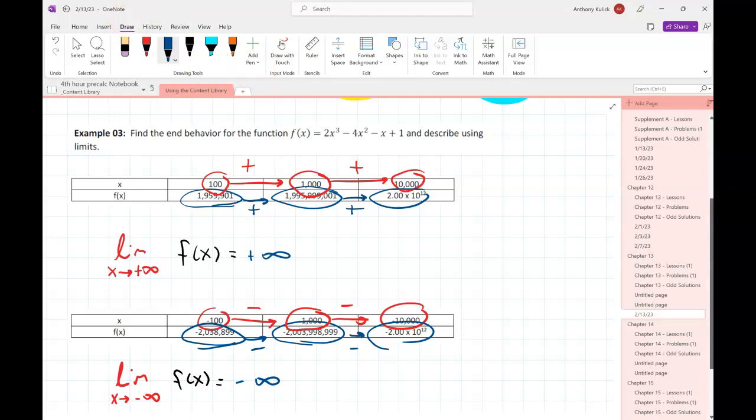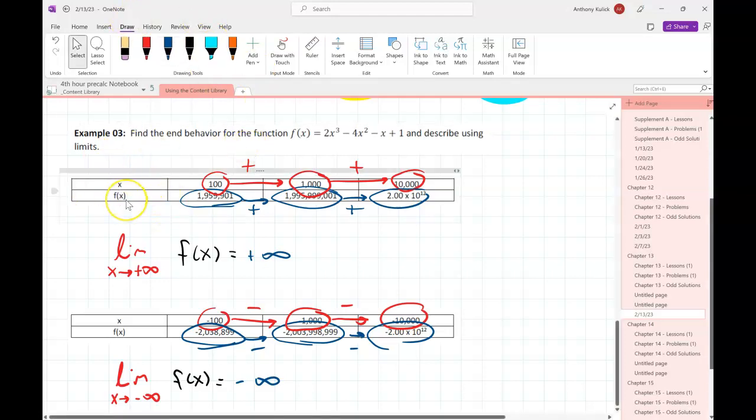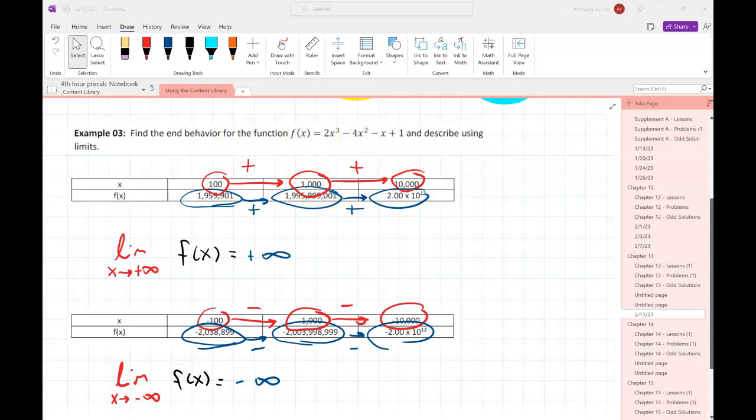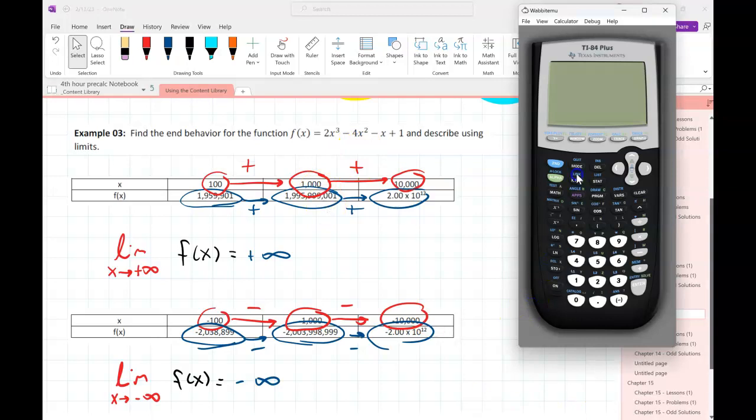Now, Mr. Kulik, you just like threw this table up here and acted like I would know how to generate that table, right? Well, it's really easy to do that. In fact, we already kind of know how to do it. What I'm going to do is I'm going to start by just typing in the name of my function.